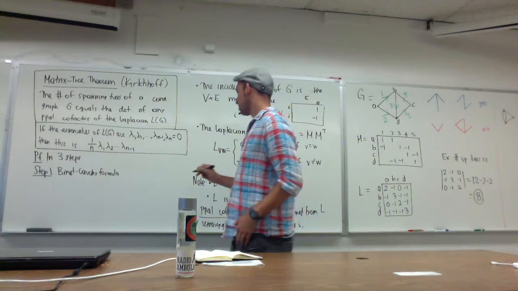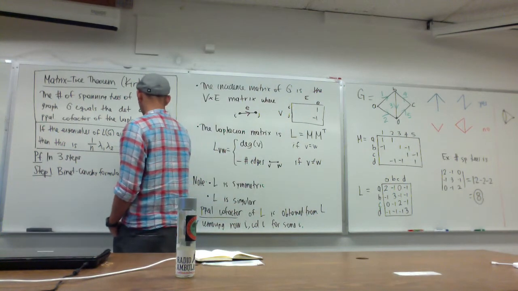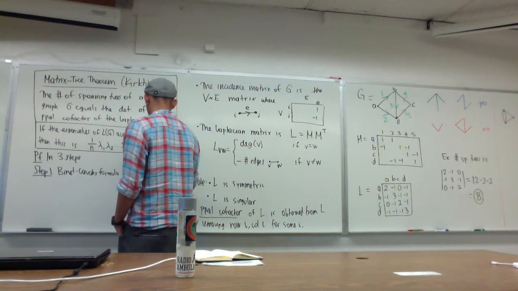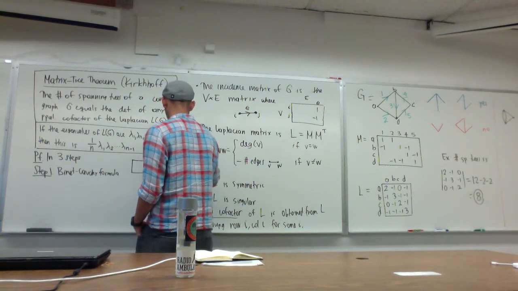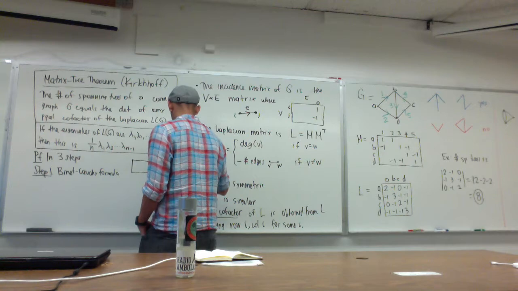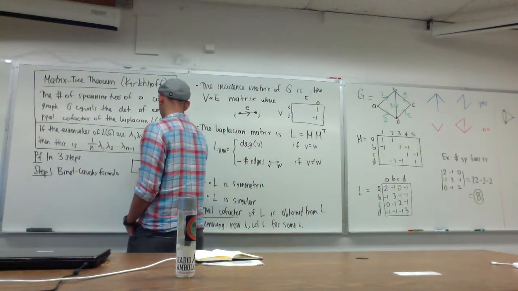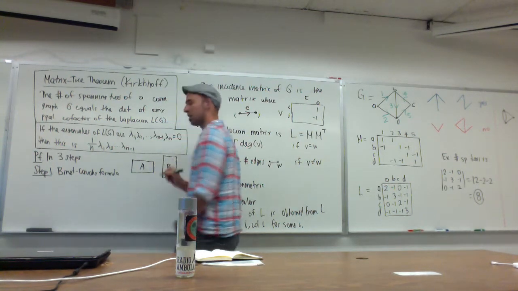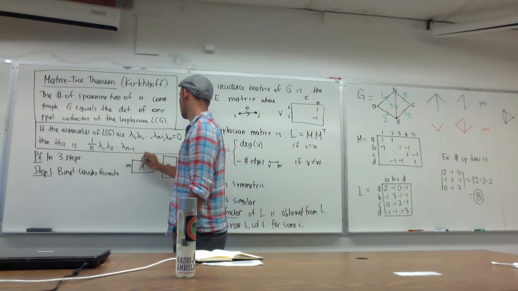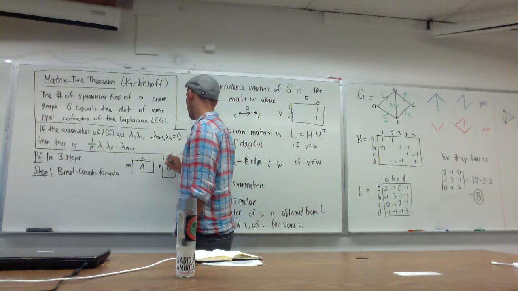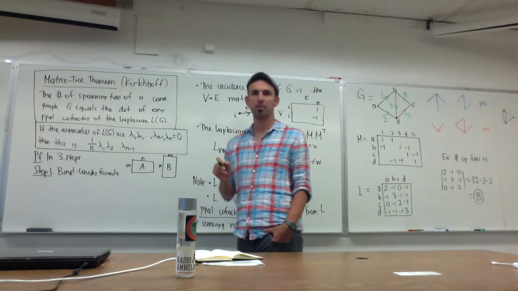So we're going to consider matrices A and B. And I'm going to draw them like this so that I remember their shape. Here's A, and here's B. And A is m by n, and B is n by m.